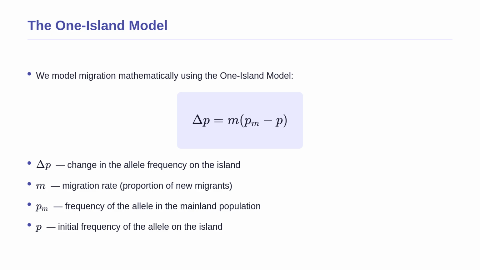The variable p sub m is the frequency of the allele in the mainland population, and p is the initial frequency on the island. The formula tells us that the change is directly proportional to both the migration rate and the genetic difference between the populations. A larger genetic gap means a faster change.